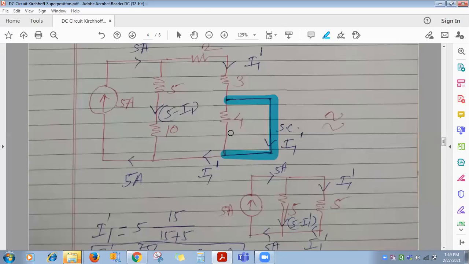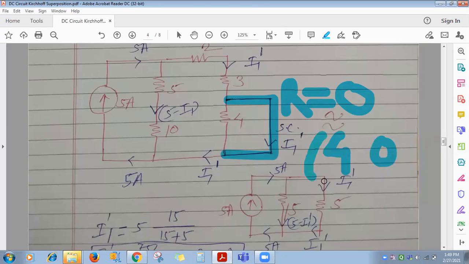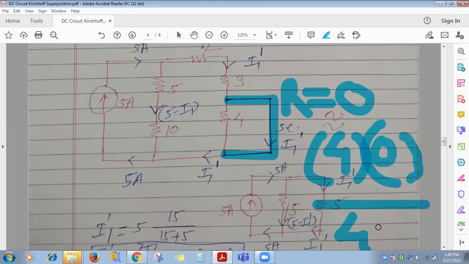So ideally, practically, what we assume is that our short circuit branch resistance is 0. If it is a short circuit branch, resistance is 0. So 4 and 0 ohm in parallel: 4 into 0 divided by 4 plus 0. 4 plus 0 is what? 4.